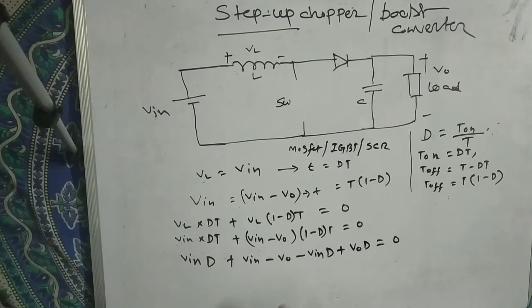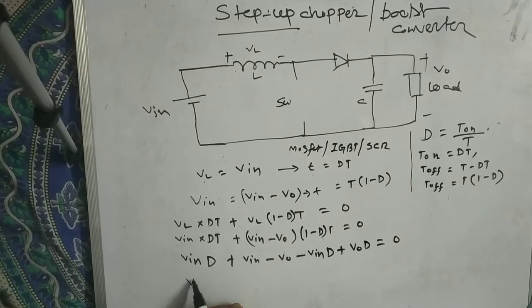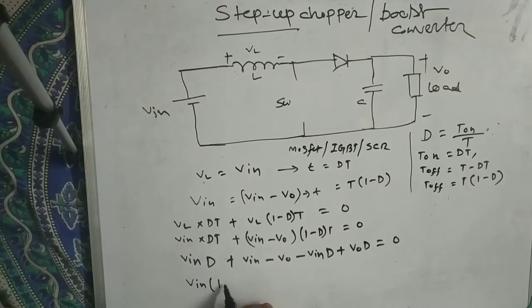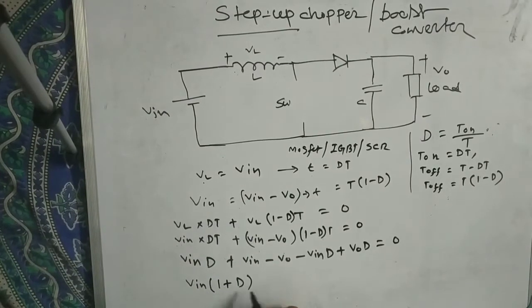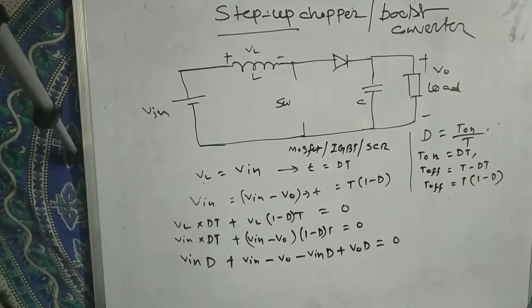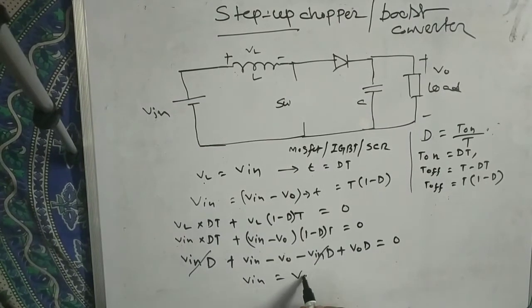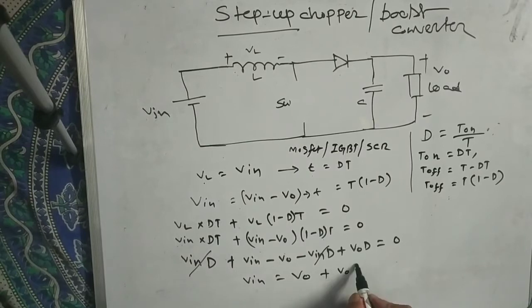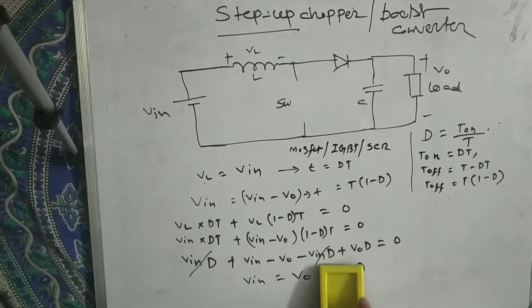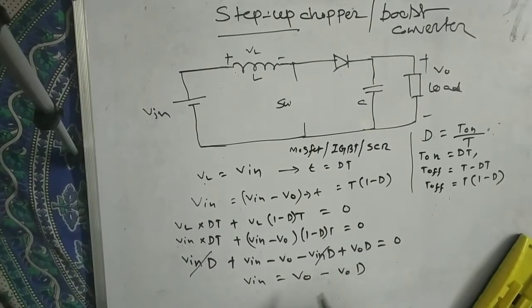Now from here we take Vin common. Vin D gets cancelled. Now Vin equals V0 minus V0 D, so Vin equals V0 into (1 minus D).